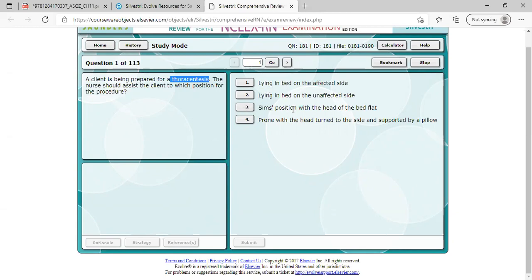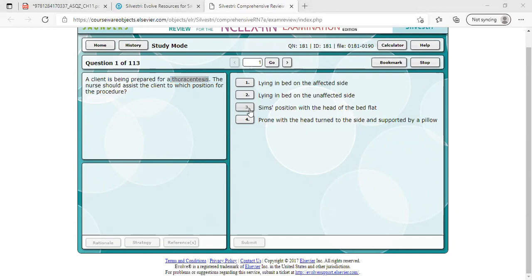Number three, Sims position with the head of the bed flat. And number four, prone with the head turned to the side and supported by a pillow.